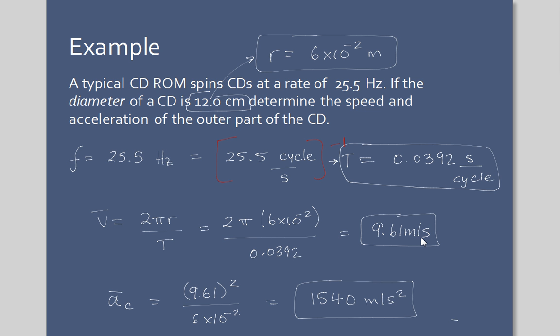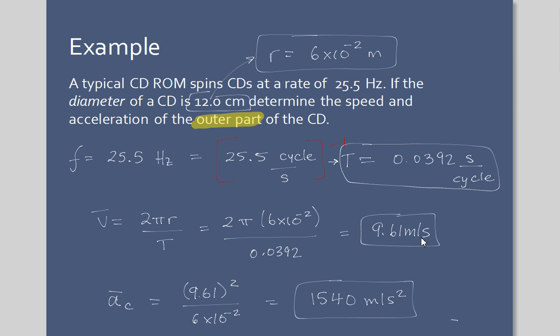And just a small note is this word here. This is the speed at the outside edge, because you're using the full radius. On the inner part of the disk, I'll draw it for you, the speed would be different.